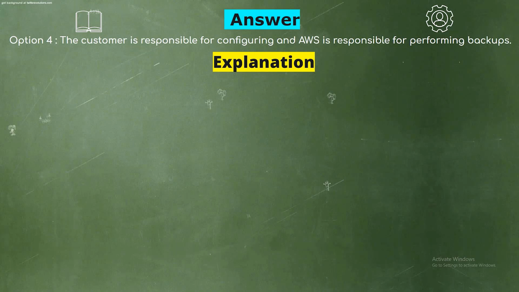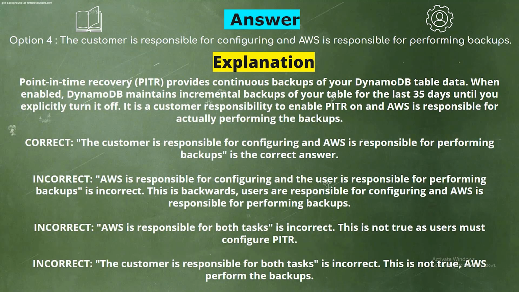Explanation. Point-in-time recovery, PITR, provides continuous backups of your DynamoDB table data. When enabled, DynamoDB maintains incremental backups of your table for the last 35 days until you explicitly turn it off. It is a customer responsibility to enable PITR, and AWS is responsible for actually performing the backups. Correct. The customer is responsible for configuring and AWS is responsible for performing backups is the correct answer.